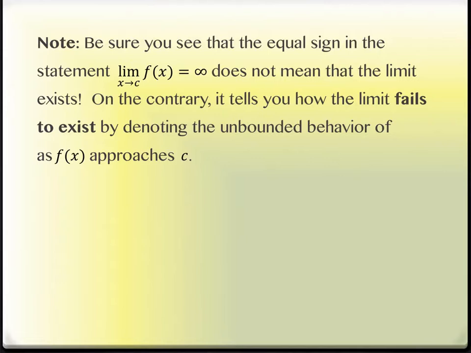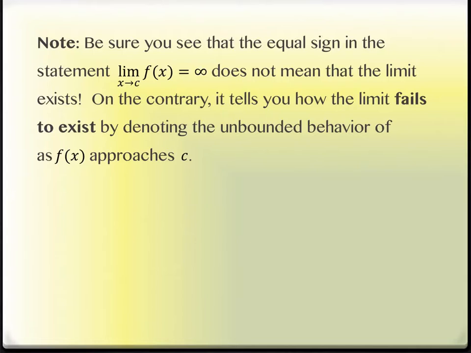Saying it does not exist could mean I have an asymptote, a hole, or a jump in the graph. By saying it equals infinity, I know it doesn't exist and I know how. It doesn't exist because there's an asymptote.